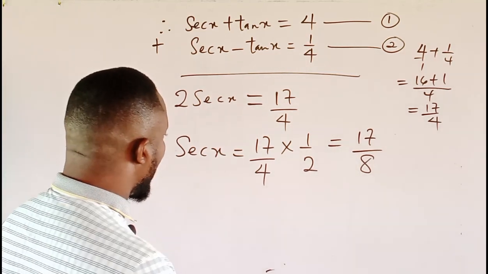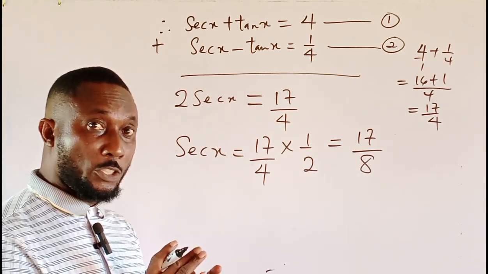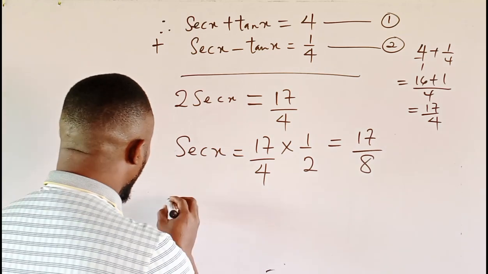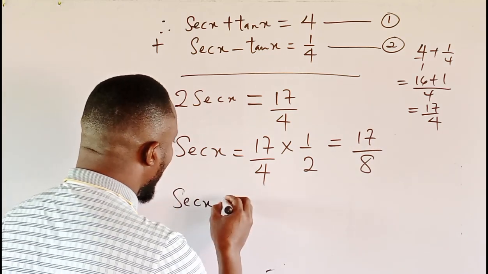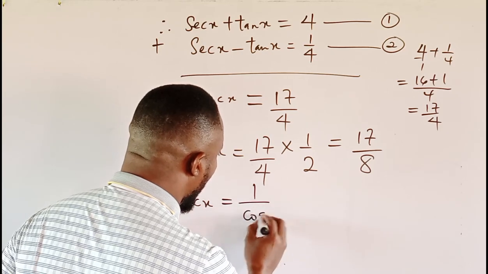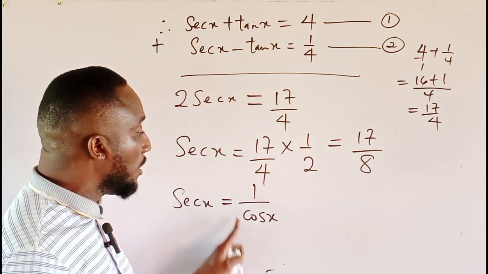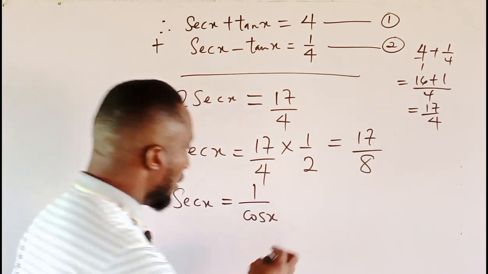Now we are looking for cosine x. We know from inverse trigonometric ratios that secant x is 1 upon cosine x. That means that secant x is the inverse of cosine x.